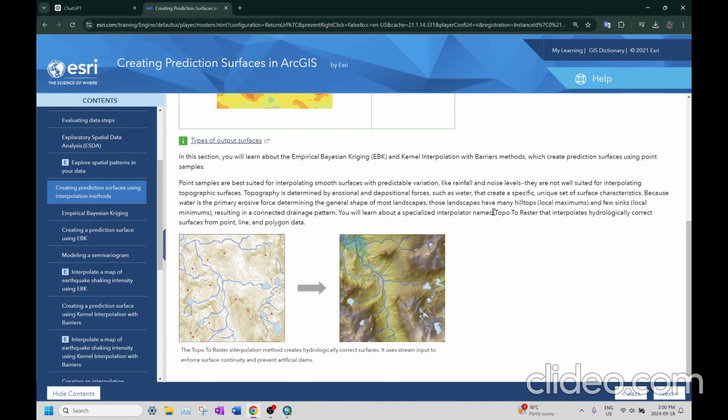There's a specific interpolation method called Topo to Raster that deliberately interpolates hydrologically correct surfaces from point, line, and polygon data, because sometimes water can do some erosion effect.